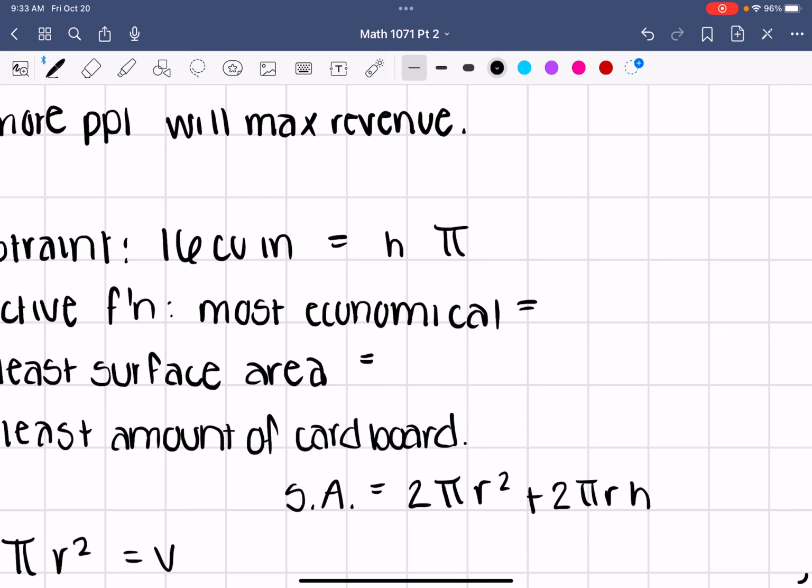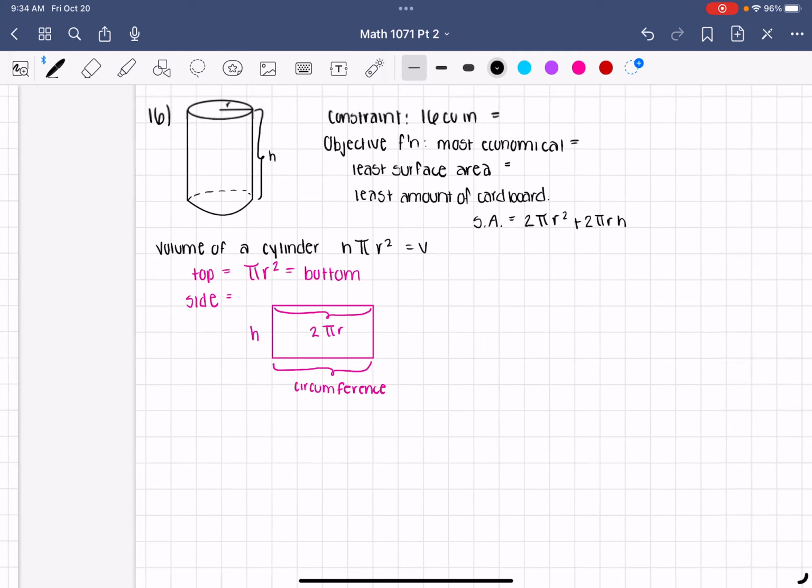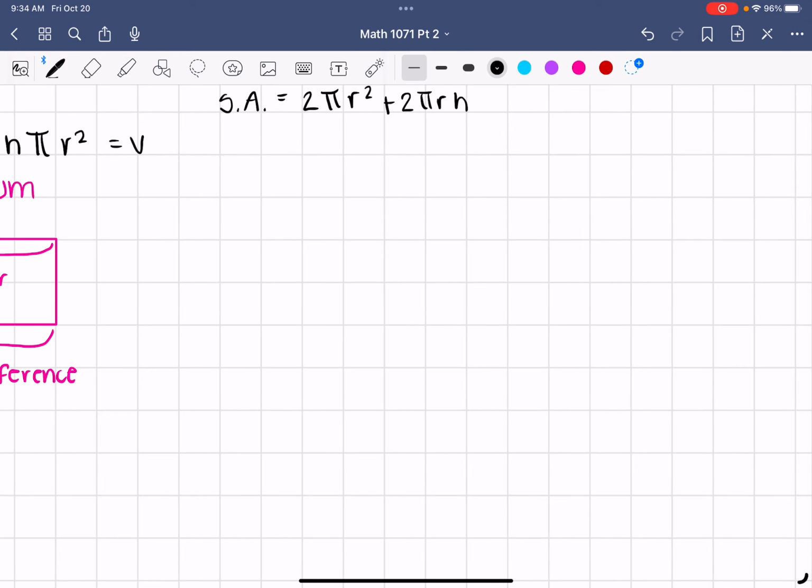So your surface area is 2 pi r squared plus 2 pi r h, but h is 16 over pi r squared. Now you've got some nice cancellation, pi over pi, r over r. So that gives you 2 pi r squared plus 2 times 16 is 32 over r.